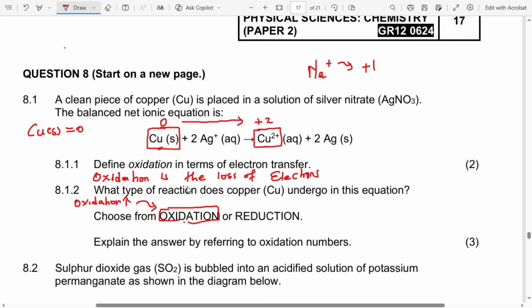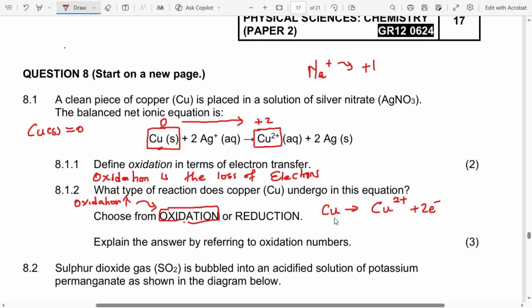I'm not sure if you understand. We can write copper like this when we link to electron transfer: Cu becomes Cu 2 plus, plus 2e. This tells you that copper loses electrons.